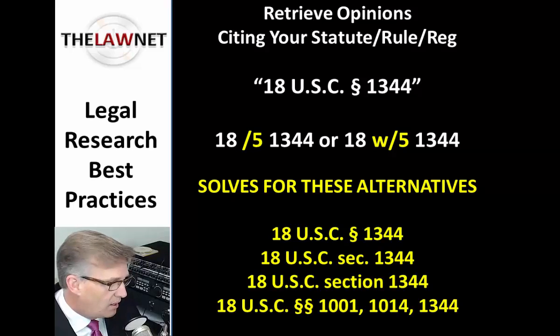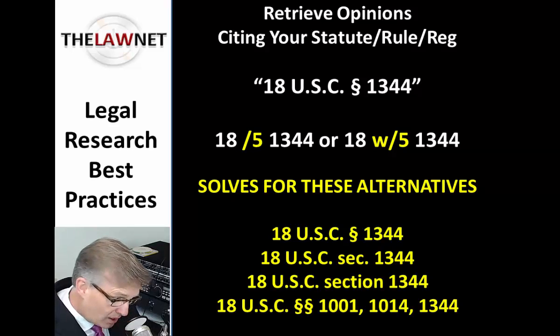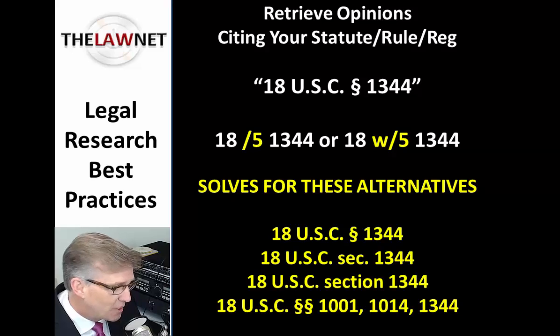So if your statute is mentioned in a list of statutes, like the final entry here on this slide, you're still going to find that case. If you have a judge who, for some reason, did not cite the statute correctly, which is pretty rare, particularly at the federal level, this one substitution solves for all these variables.